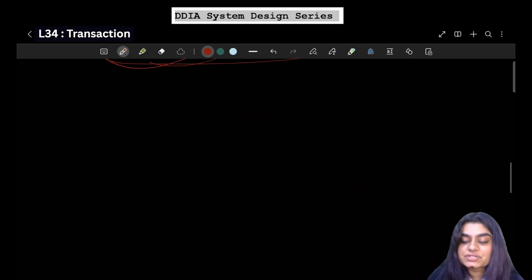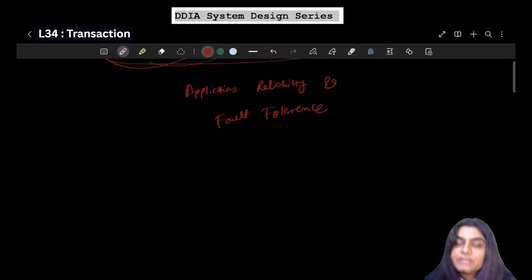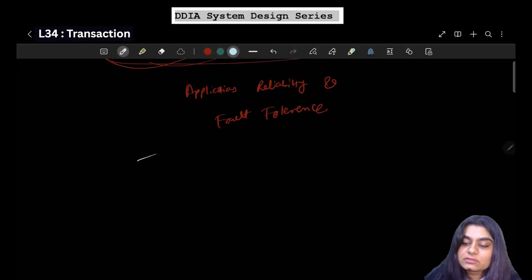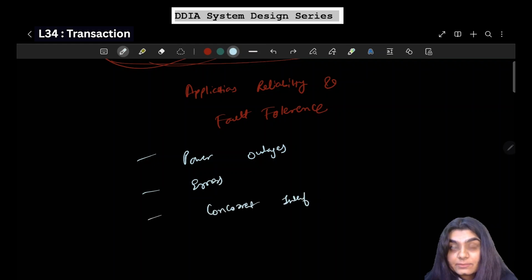Transactions are essential for application reliability and fault tolerance. By using transactions, developers don't have to manually code for every failure. In a multi-step process, the database ensures that no matter what goes wrong, such as power outages, errors, or concurrent interference, data remains correct and consistent.